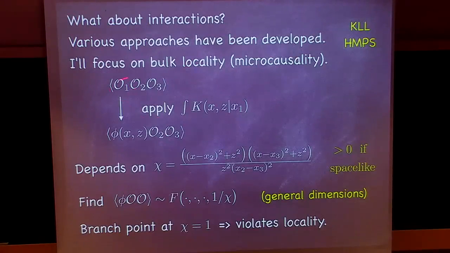So what's the idea there? We're going to start from a correlation function in the CFT. So this is some CFT 3-point function. Let's imagine that we apply one of these smearing kernels to the first operator in this correlator. So that should turn it into a field somewhere in the bulk.